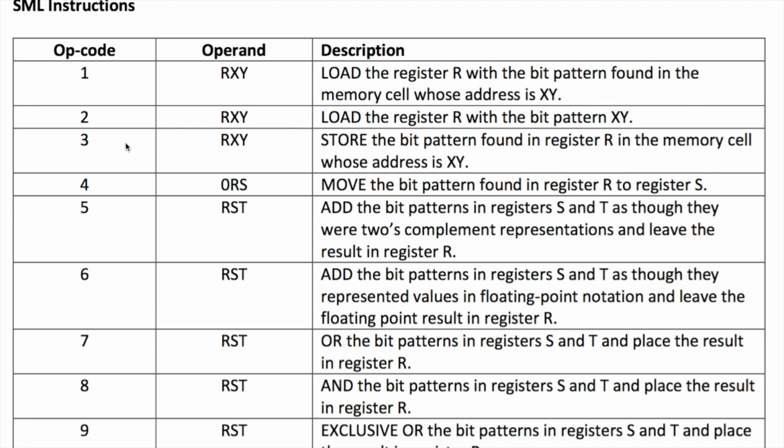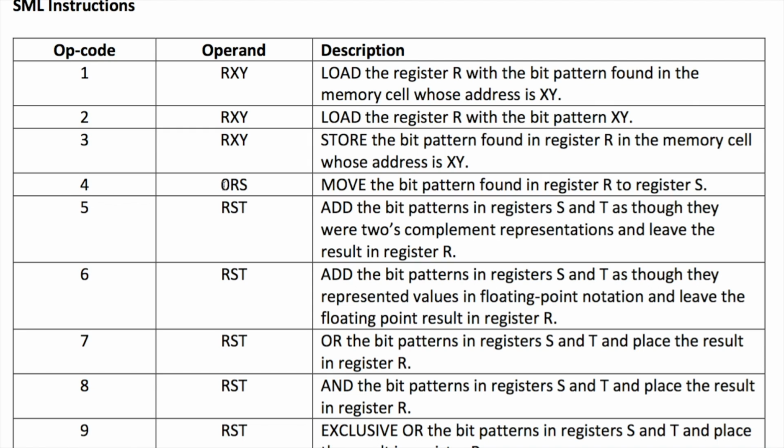The third opcode is the store instruction. This instruction stores the value inside register R into the memory whose address is XY. For opcode 4, we have operand pattern 0RS.